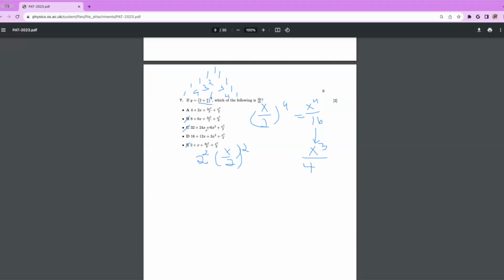Because you start with 2 to the 4 here, and you go to 2 to the 3, and you go to 2 to the 2. So it's actually going to be multiplied by 6, which means we find this number.